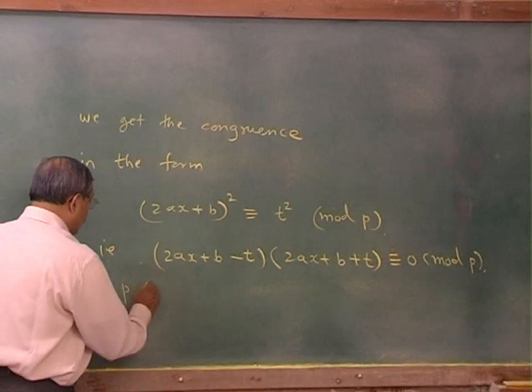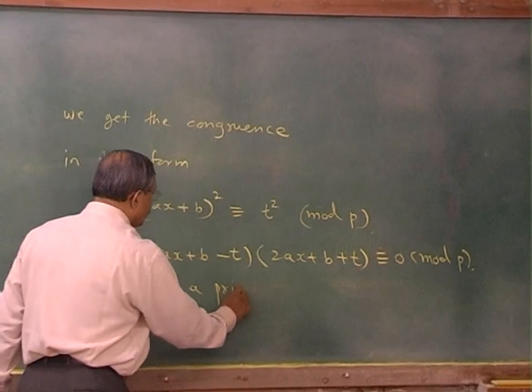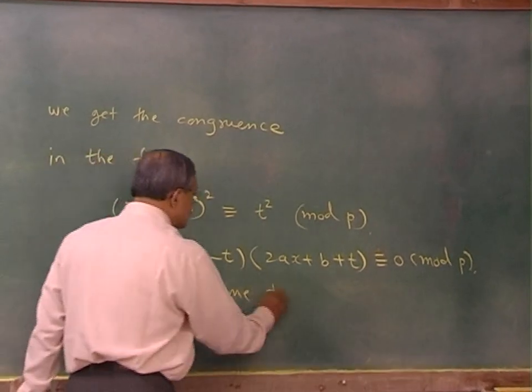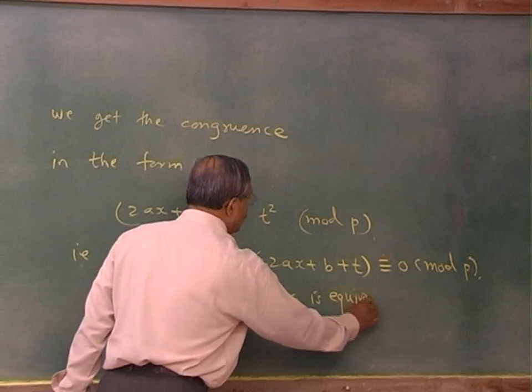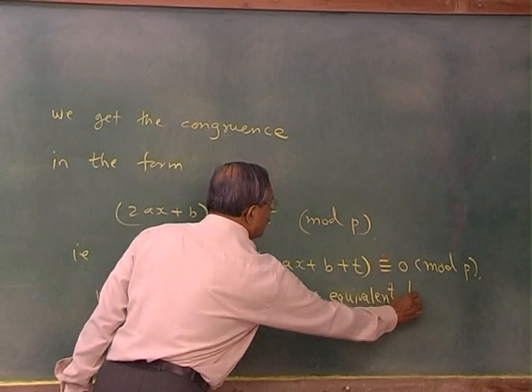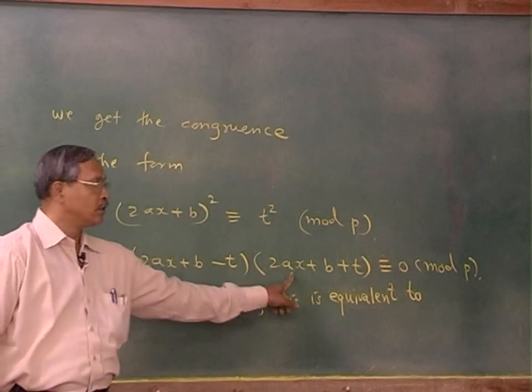p being prime, this is equivalent to p dividing the product.